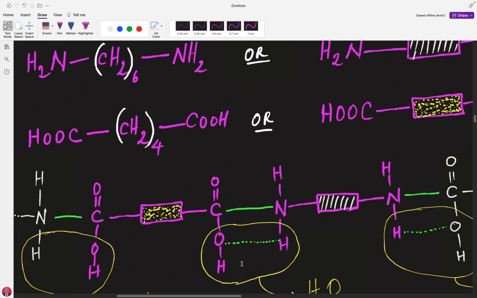The same thing will happen here: 1 hydrogen from the amine group and the OH group from the acid group will interact, and a molecule of water will be released. The same thing will continue here.